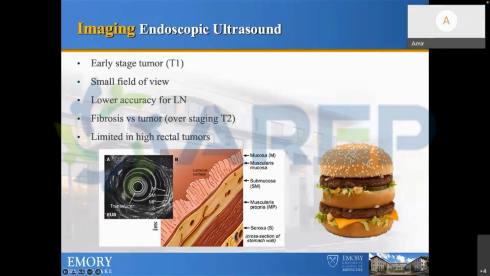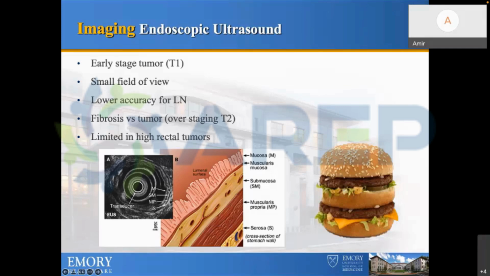What you see as a dark band here, the two different dark bands, correspond to two different muscularis layers, which correspond to the patties on the Big Mac. And then the lines that are wider or echogenic are the ones that contain either fat or mucosa.